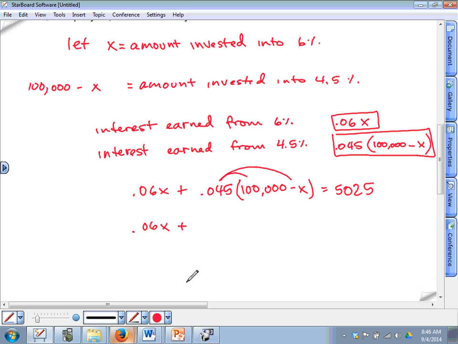We could put it into fractions, I guess. Yeah, we could put it into fractions. Say again? 0.045 times 100,000, and then distribute it out. Yeah, you could do it. There's a lot of different ways you can do this, it sounds like.